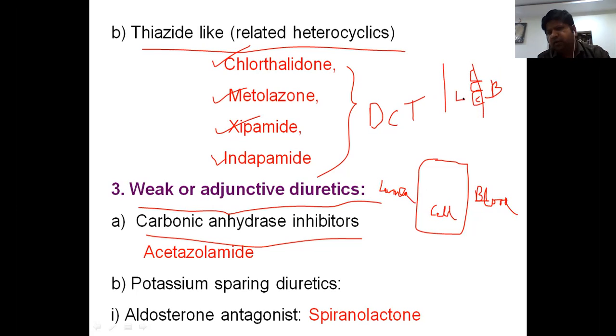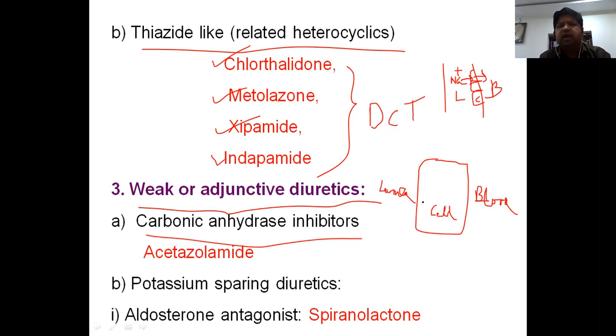Generally reabsorption occurs. If you consider how sodium will be reabsorbed, first from the lumen it will enter into the epithelial cell, and from the epithelial cell it will be reabsorbed in the blood. This is how reabsorption takes place.